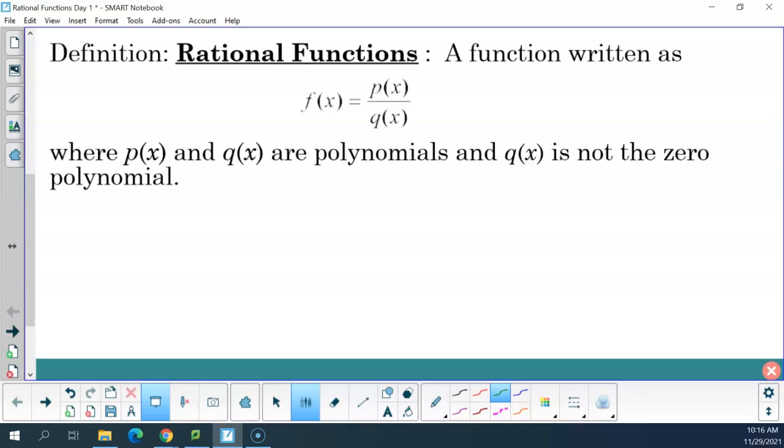So we're going to have funky looking fractions. Now, it may look nice and pretty, like f of x equals 1 over x. We're actually going to explore that one as our last example. It may look a little more complicated.